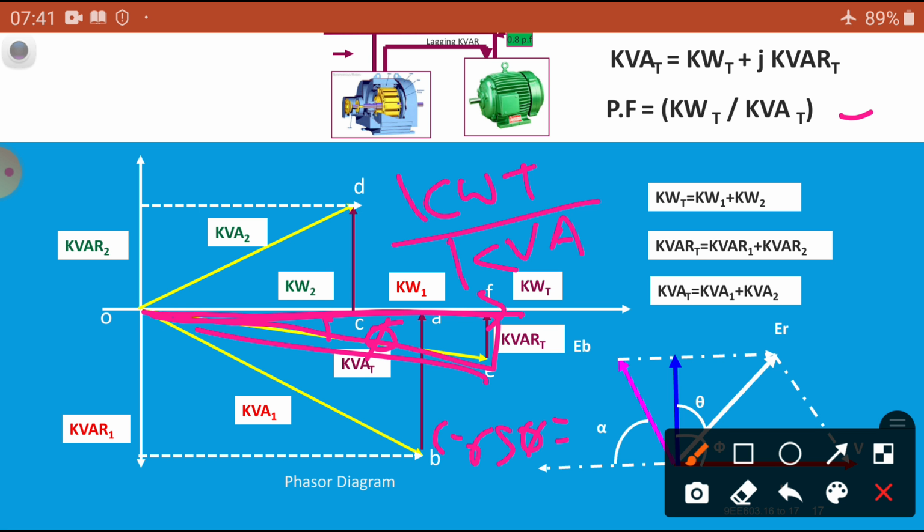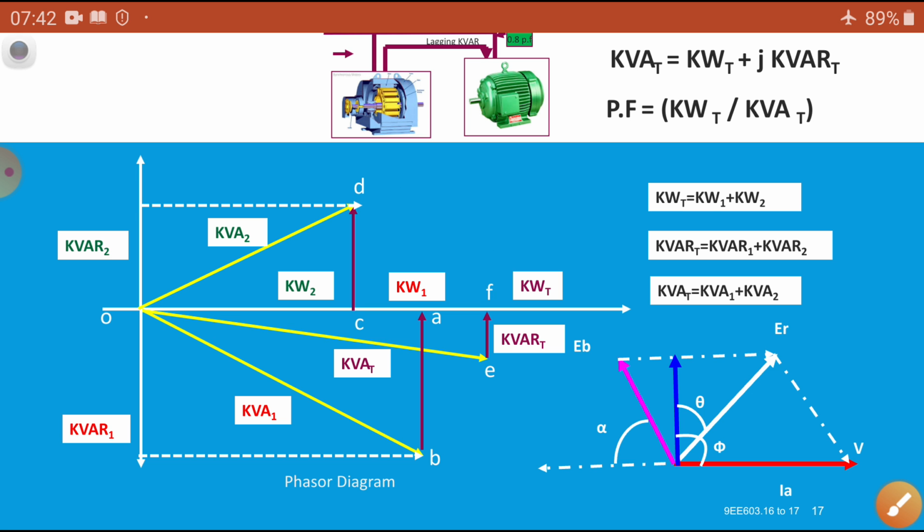Here the power factor is improved, the angle is reduced, then the power factor is improved. If phi is equal to 0, we are going to the unity power factor, UPF. So that means we can change from this value to this value, where the angle, whatever the angle is this much, is reduced to a very low value, then the power factor improved to this value.